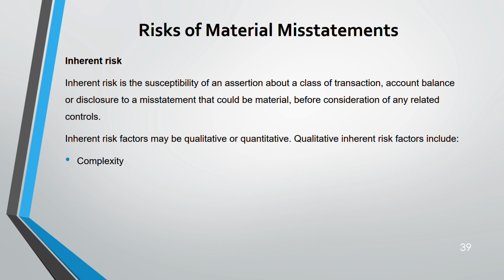For example, the more complex the organization, the more the inherent risk will be. Subjectivity: for example, if you have to make accounting policies which are very subjective, the inherent risk will be high. Change: when you're changing something, inherent risk is there. Uncertainty: higher the uncertainty, higher the inherent risk.